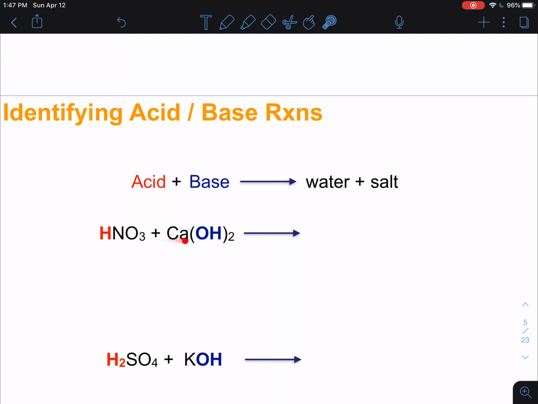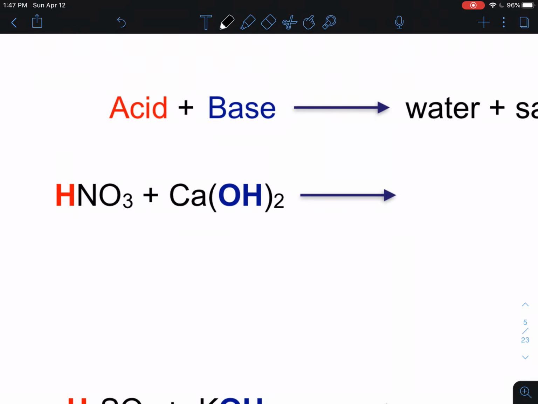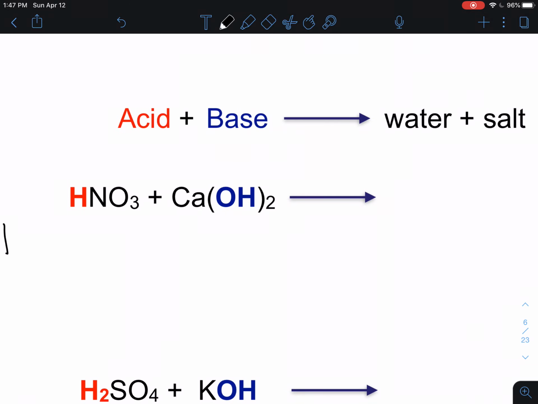So this is our acid plus calcium hydroxide. And I'll just go ahead and break this guy up. If we have to predict the products, what I like to do is write it out underneath, so it's going to be H plus, NO3 minus. This is aqueous.